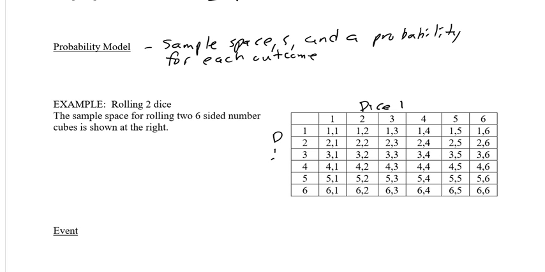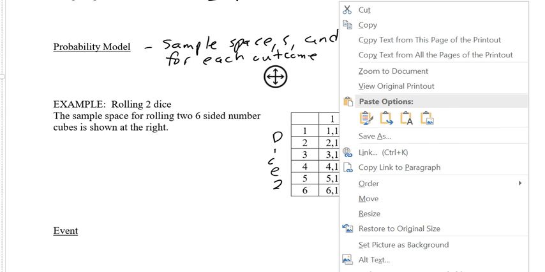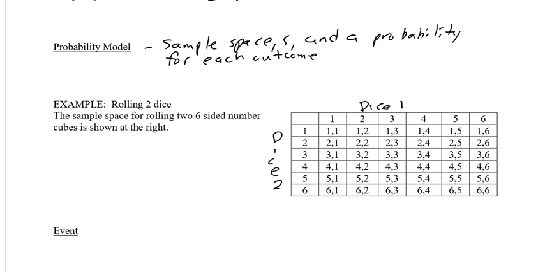And we could get a 1 and a 1. Could get a 5 and a 4, or a 3 and a 5, or a 1 and a 5. Various things that we could get when we roll the dice. Okay, that would be the sample space.